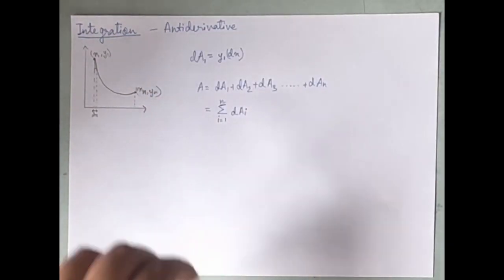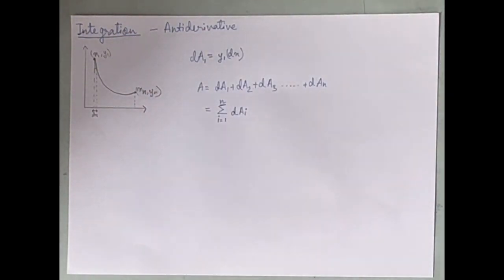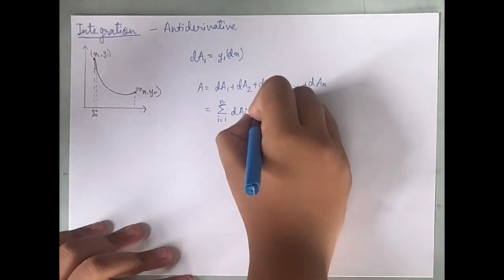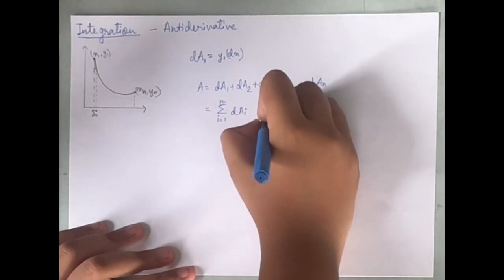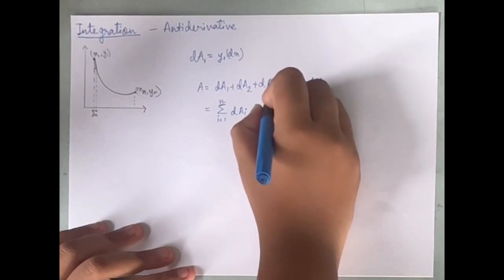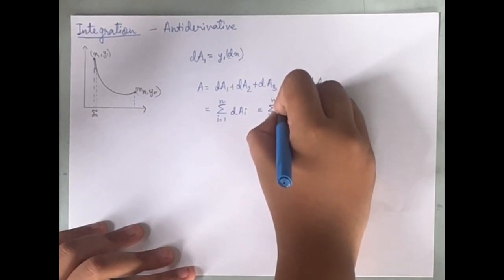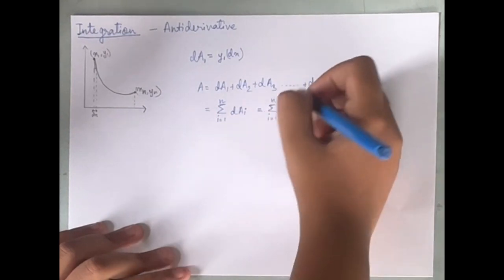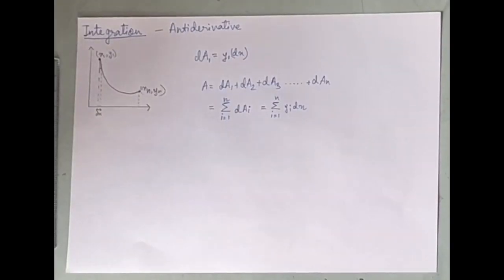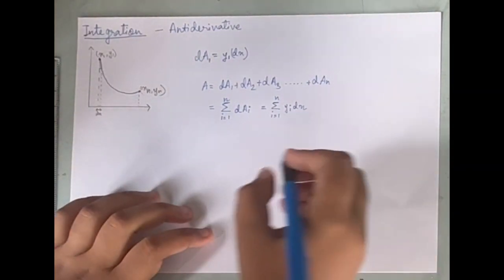We can write it in this way, which equals the summation i equal to 1 to n of yi dx. y is a function of x, f(x).